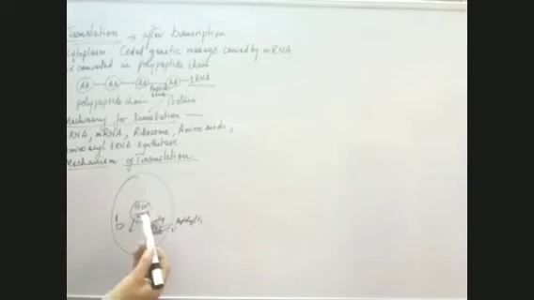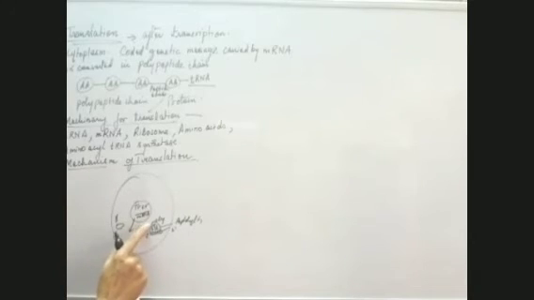So if these are the A, P, and E sites, when the messenger RNA moves, it will keep on moving, and these tRNAs keep coming towards this side. Translocation takes place, and as a result it will move towards the next.